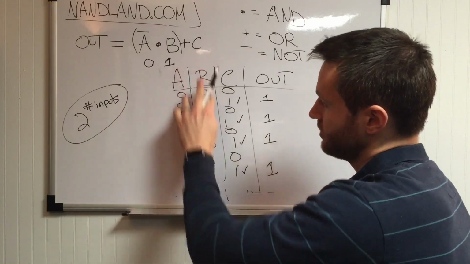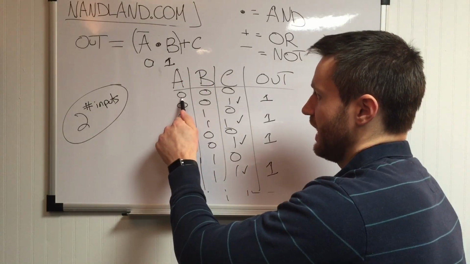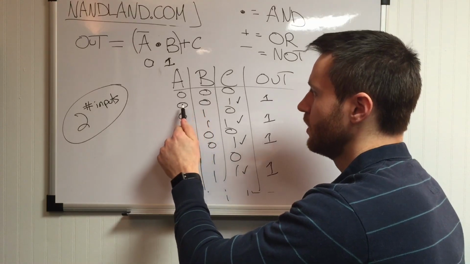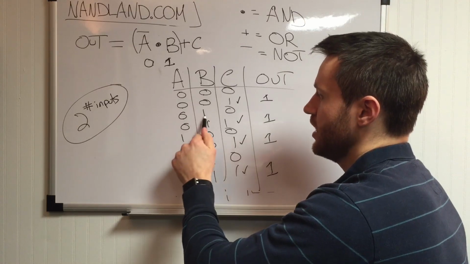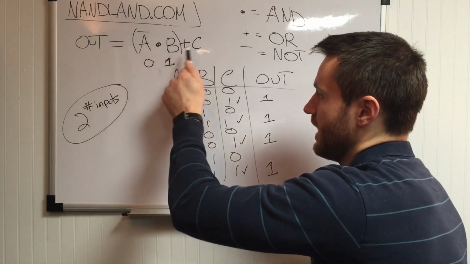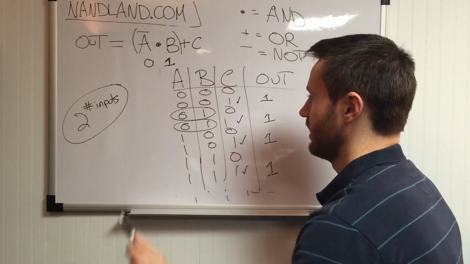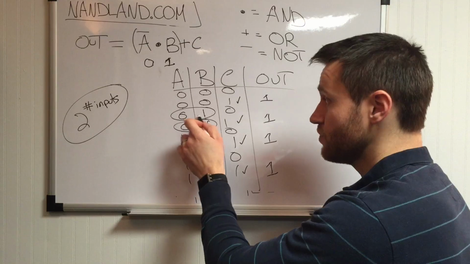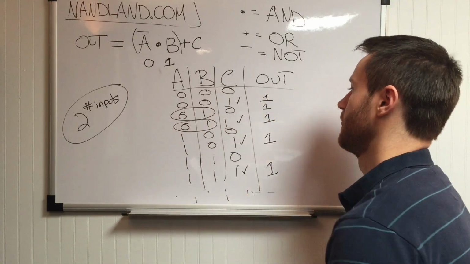And we can look down just A and B and figure out when that happens. This is not A, but B is equal to a 0. This is not A, B is equal to a 0. Here we go. This is not A, B is equal to a 1. So not A and B happens right here, and it happens again right here. We've taken care of this one already with the OR gate, but this one we have not taken care of. So we know that this one becomes a 1.